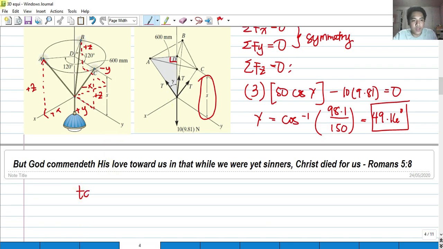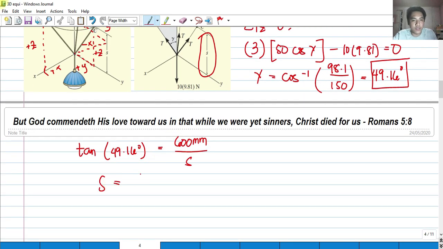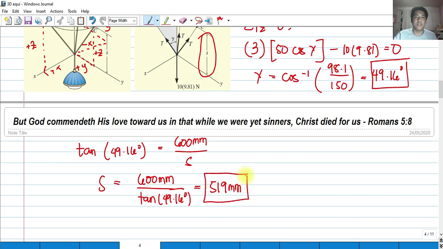We can use the tangent function: tangent of 49.16 degrees equals the opposite, 600 millimeters, over the adjacent side, S, our smallest vertical distance. So S equals 600 millimeters over tangent 49.16 degrees, and that is 519 millimeters. So that's the smallest vertical distance.